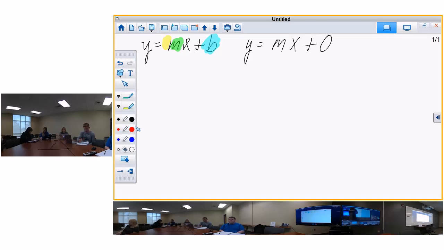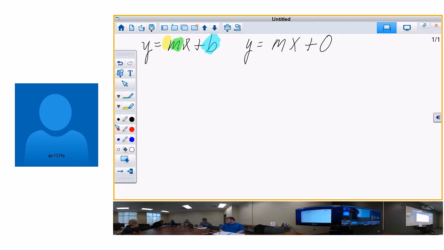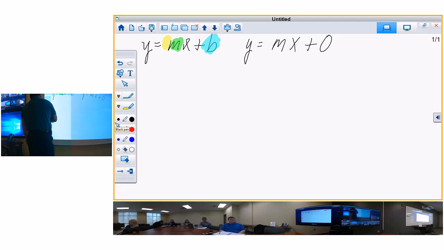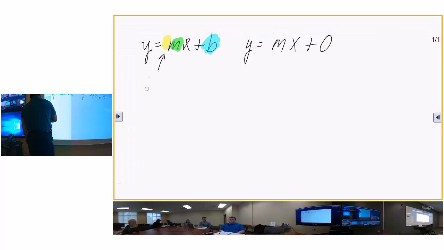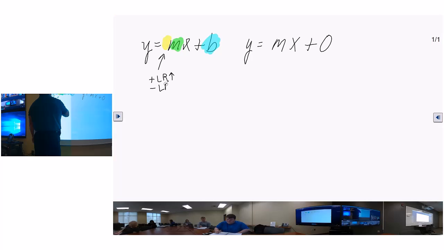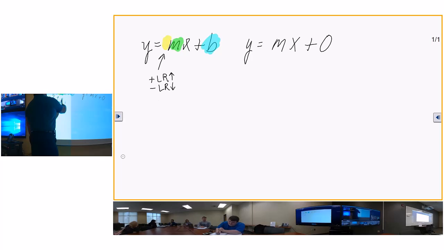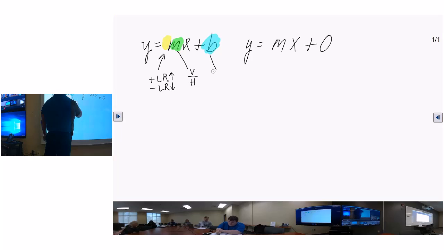The y-intercept. So write those down. The m is the direction. If it's positive, left to right, up. If it's negative, left to right, what? Down. This is your slope, your vertical over your horizontal, and this is your y-intercept.